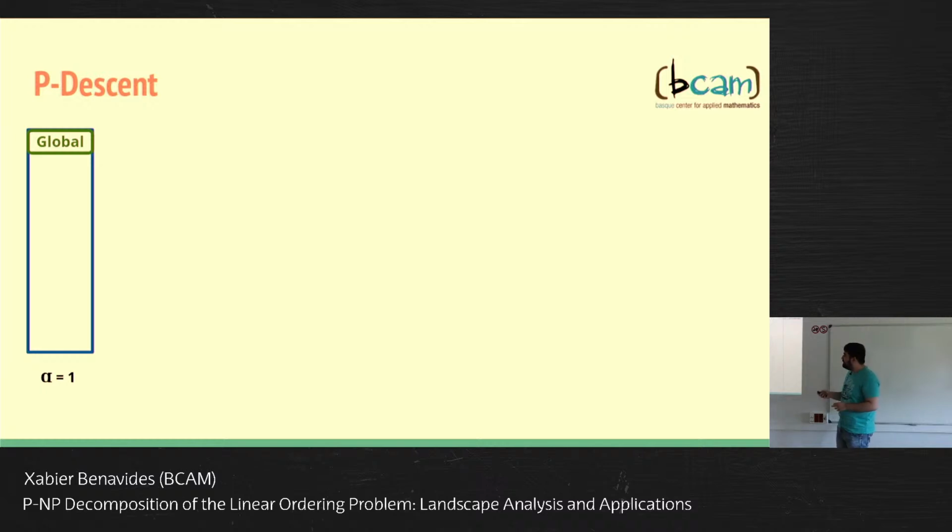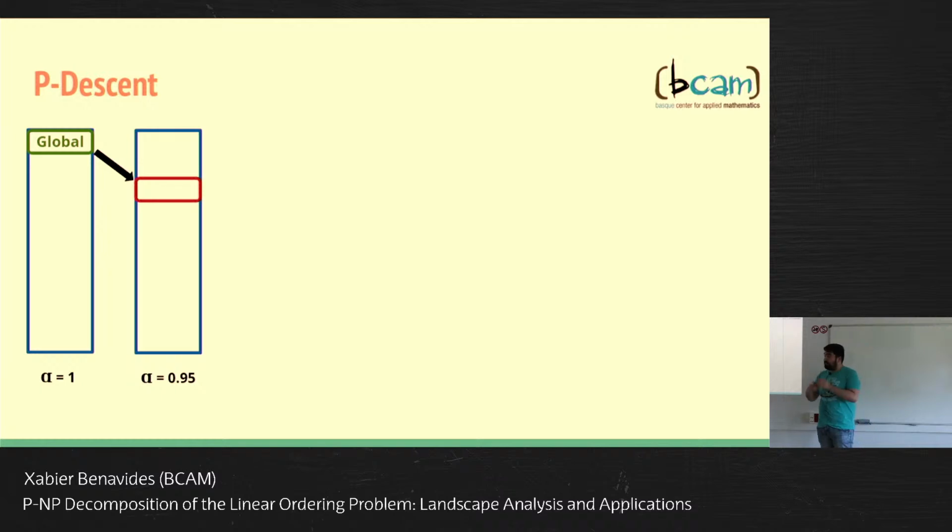The next thing the p-descent does is to create a new modified instance with a slightly higher proportion of the NP component. This means it creates a new modified instance with a value of alpha slightly lower than 1. For example, here we have selected alpha equal to 0.95.